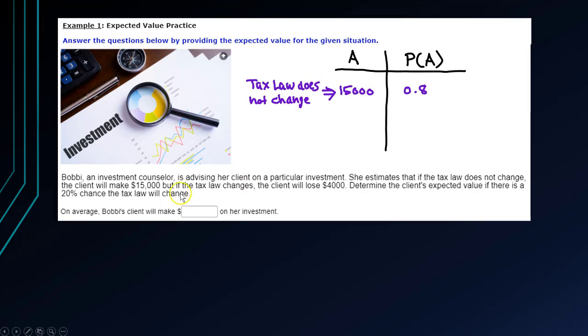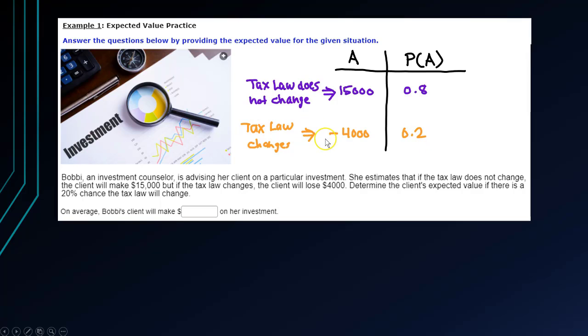And since there's a 20% chance that it will change, that means there's an 80% chance that it won't. And 80% written as a decimal is just 0.8. If the tax law does change, she's going to lose $4,000, so this has to be negative, and that's a 20% chance, which is 0.2 in probability.